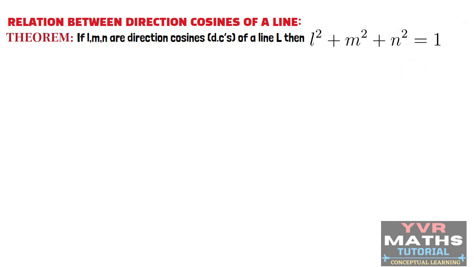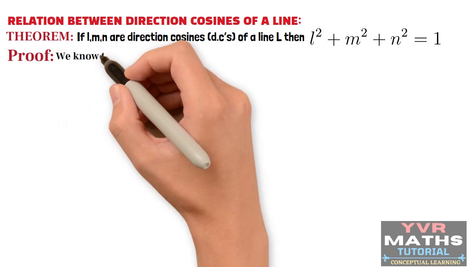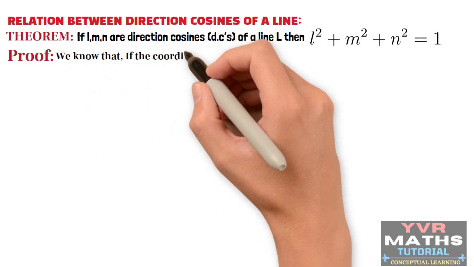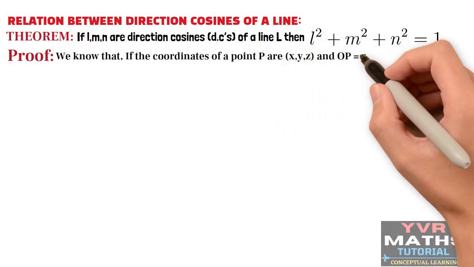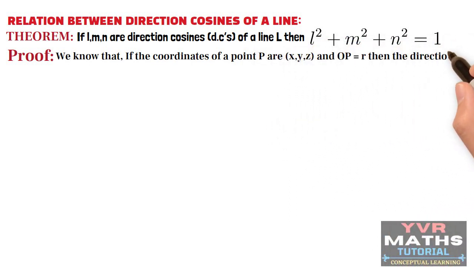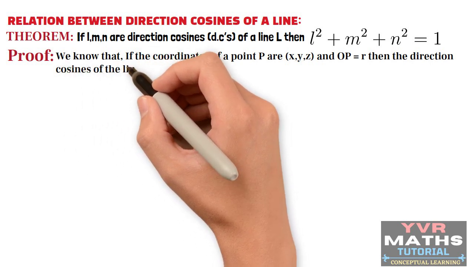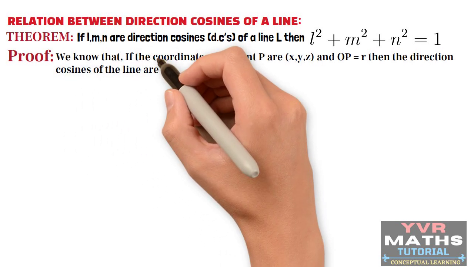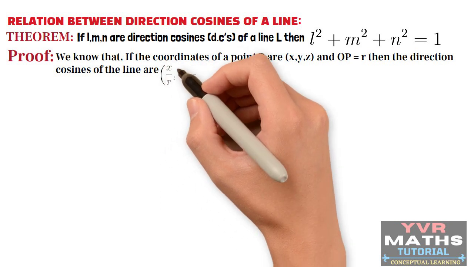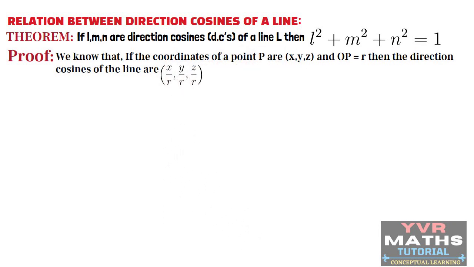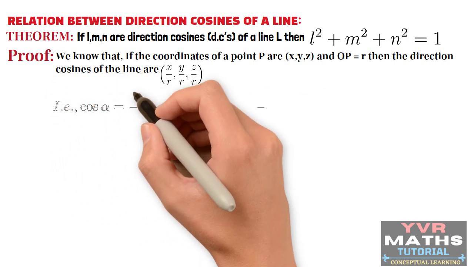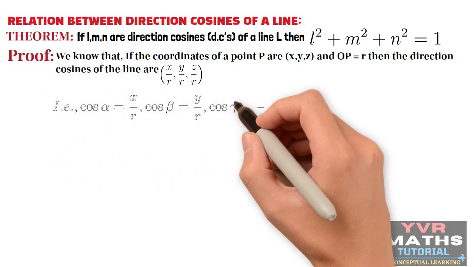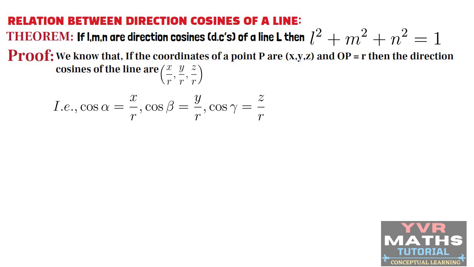As per previous discussions, we know that if the coordinates of a point P are x, y, z and OP is equal to r, then the direction cosines of the line are x by r, y by r, z by r. That is, cos alpha is equal to x by r, cos beta is equal to y by r, cos gamma is equal to z by r.